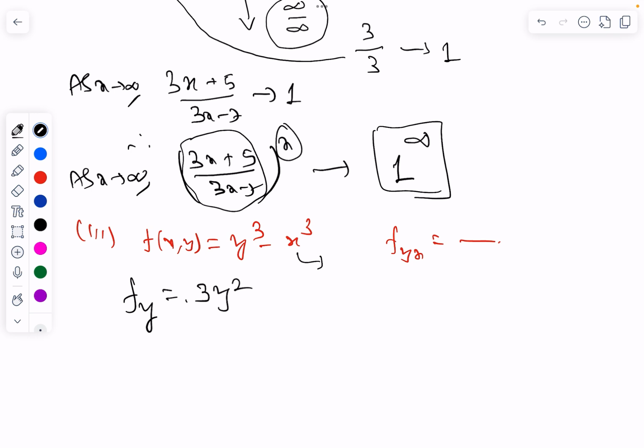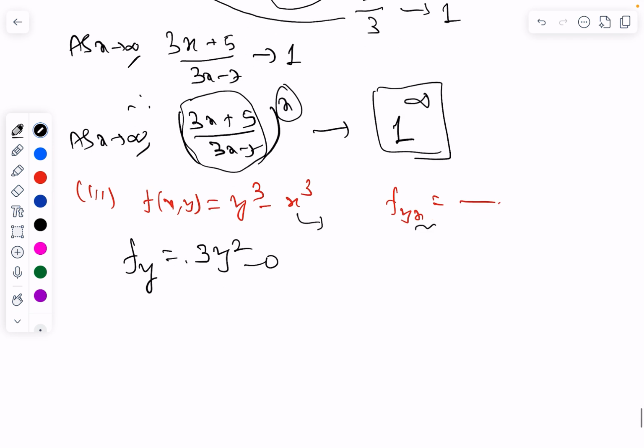X is constant, so that derivative is 0 because we are taking the derivative with respect to y. Then we take the derivative with respect to x. So that is 3y square, and y is constant, so this derivative is 0. So the answer is 0.